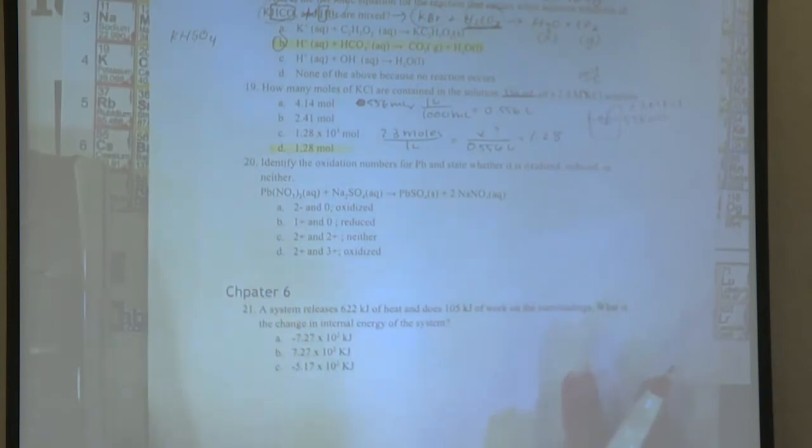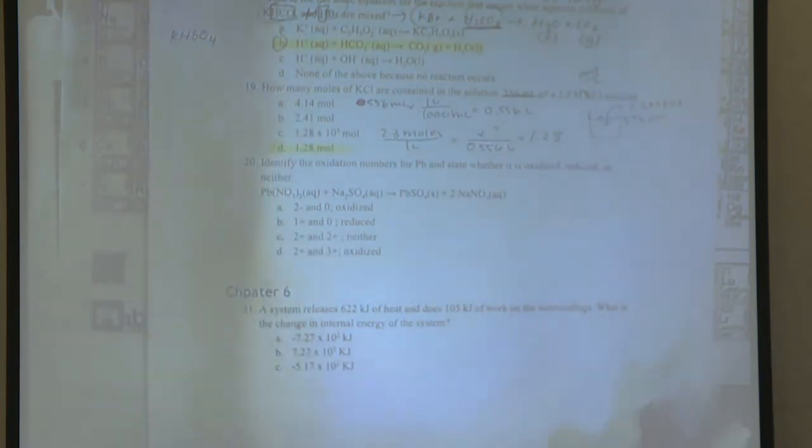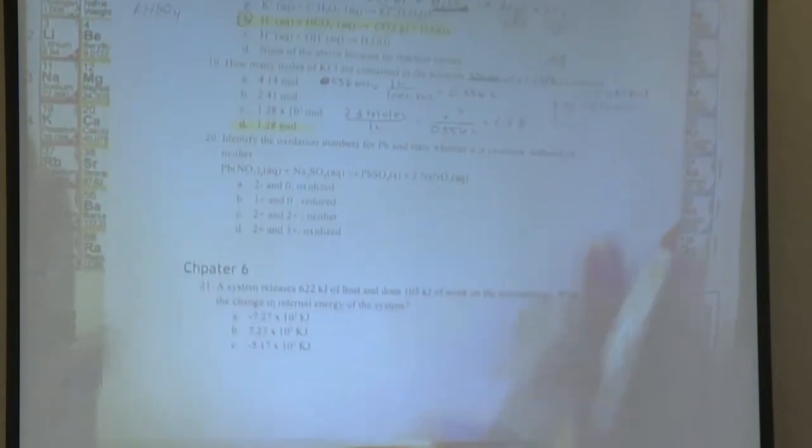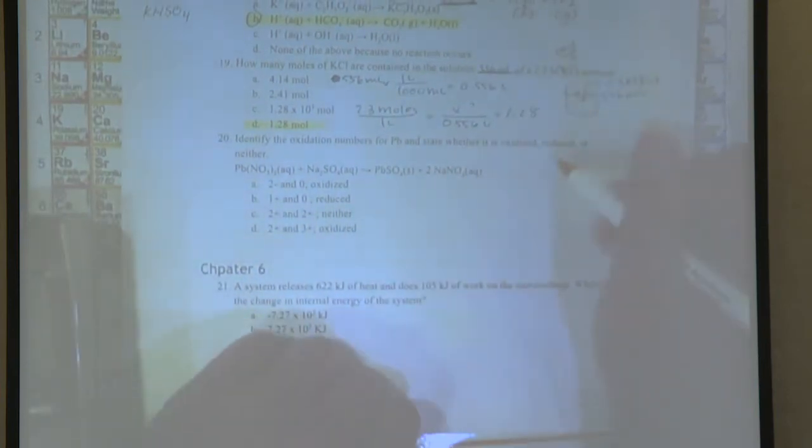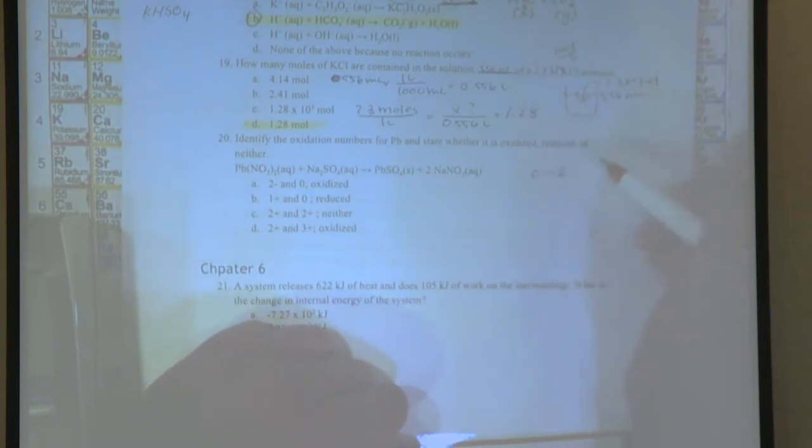Identify the oxidation numbers for Pb and state whether it is oxidized, reduced, or neither. Hold on. All right, so this one requires you to assign oxidation numbers for everything. Quick oxidation rules. Oxygen is always going to be -2, except in H2O2, in which oxygen is going to be -1.